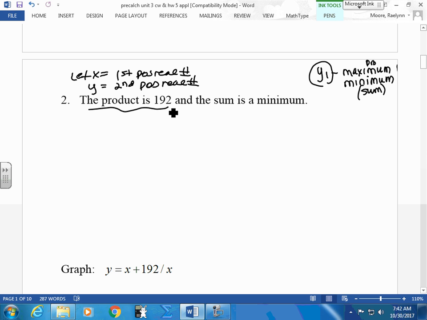And so I write the product, x times y. And I write the sum is a minimum. I'm just going to say sum right now. Let's put it here. I'm going to say my sum. Okay? So I'm going to put my sum into my y1.